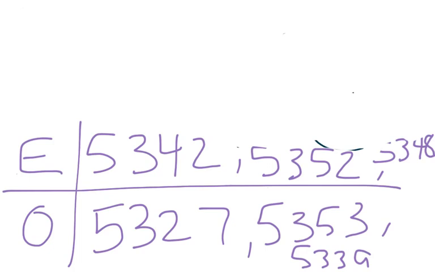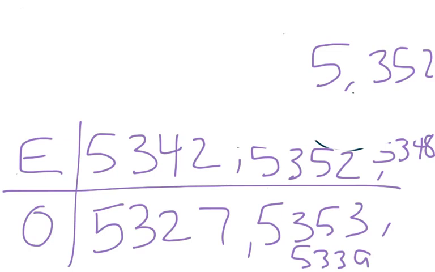So now I want you to look at the next number. So we have a 4, a 5, and a 4. That's the tens place. So we know the 5 is going to be last. So 5,352 is going to be last.